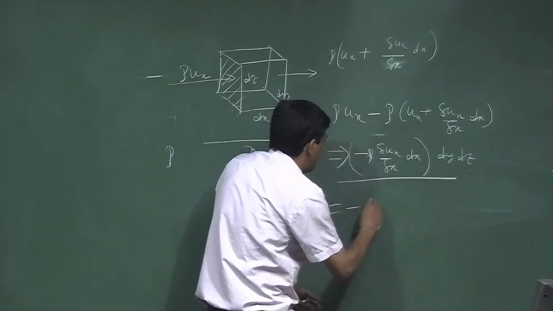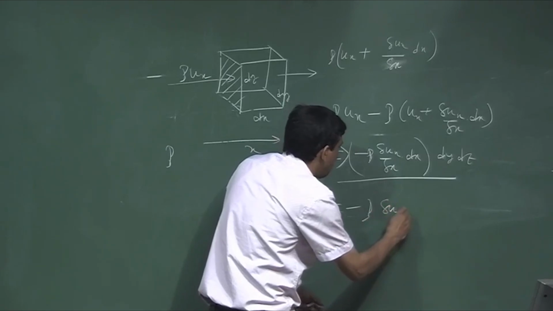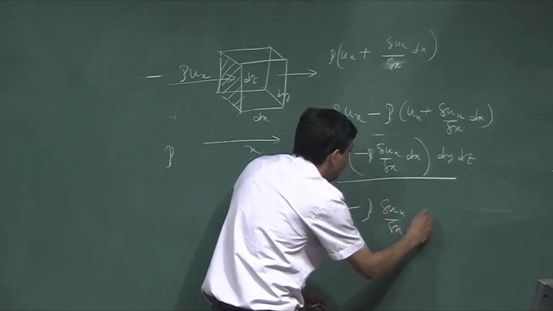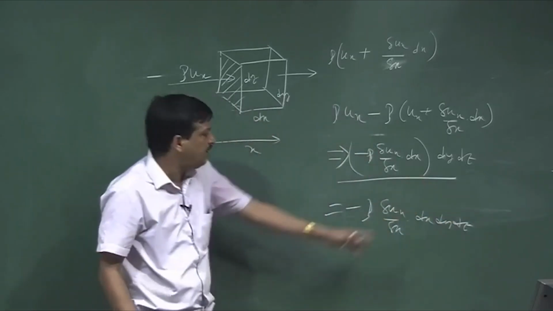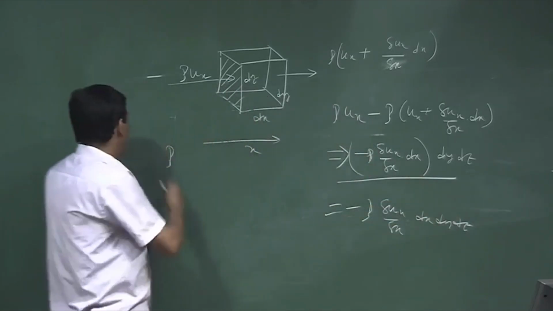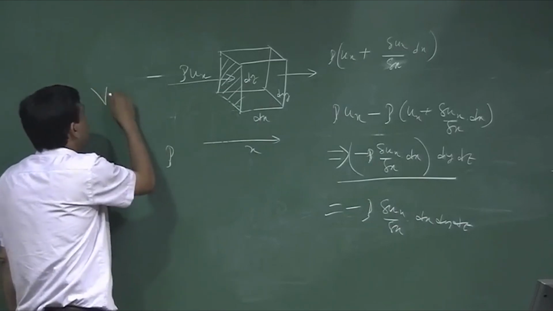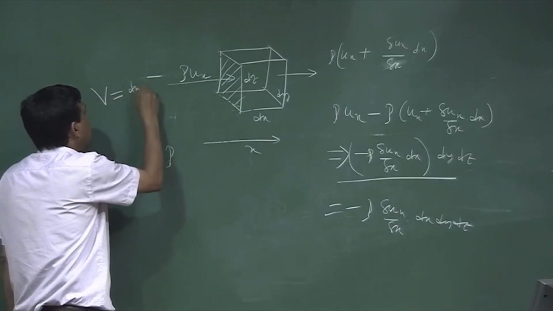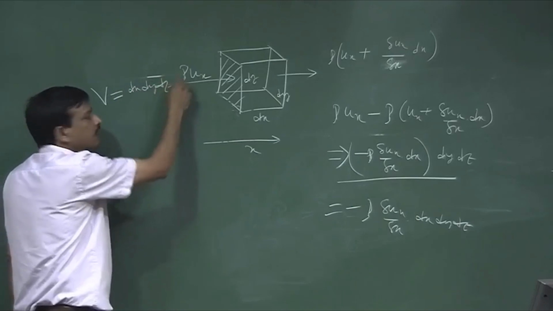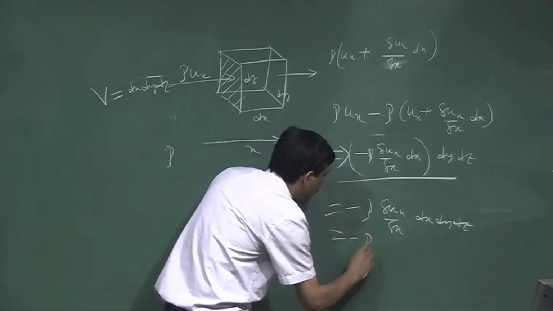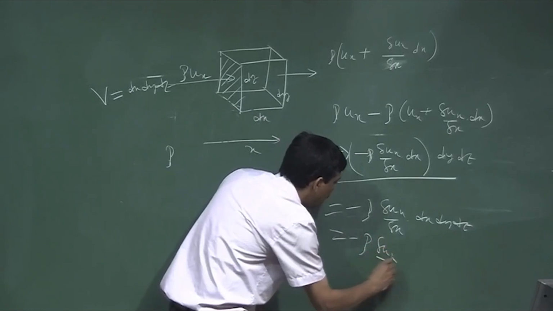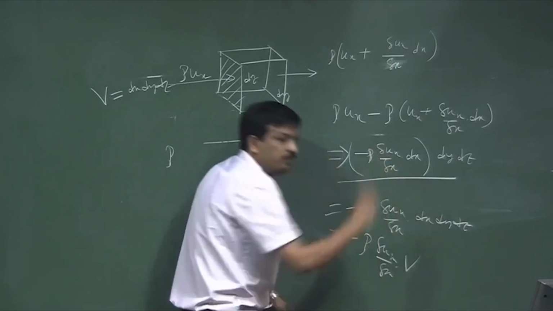In this case it is nothing but rho del ux by del x into dx dy dz. What is dx dy dz? This is nothing but a volume, because volume is dx dy dz. So, it is minus rho del ux by del x into del V.